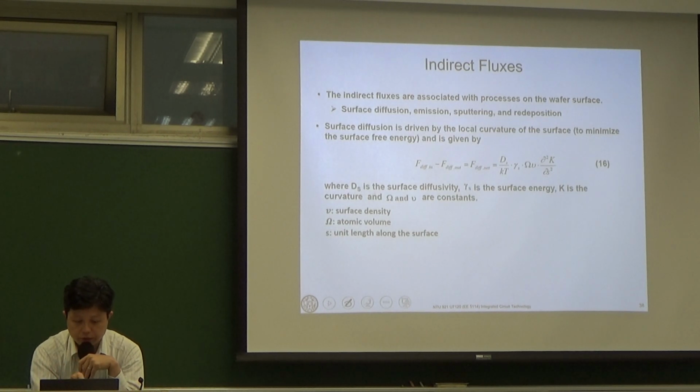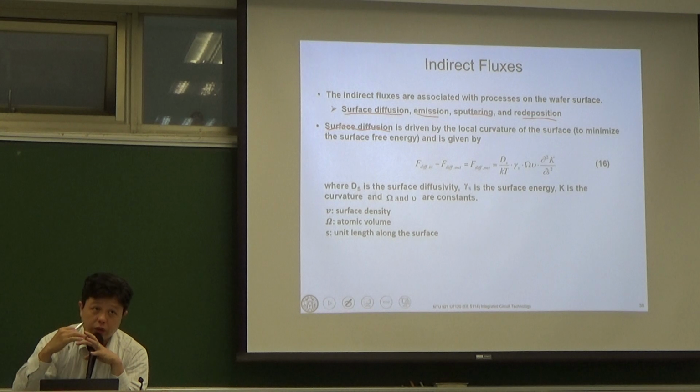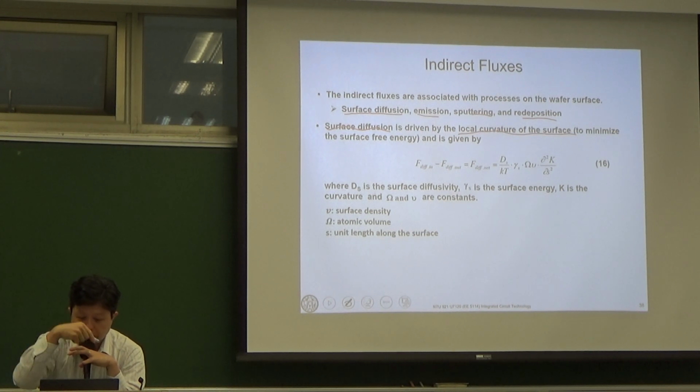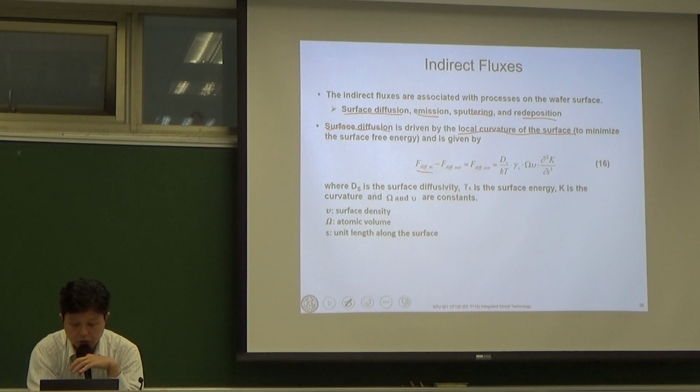For the indirect flux, this includes surface diffusion, emission, sputtering, and redeposition. What is surface diffusion? Again, it depends on the surface topography. You have some local curvatures on the surface, and different local curvatures give different surface free energies. So atoms try to move from high to low energies.